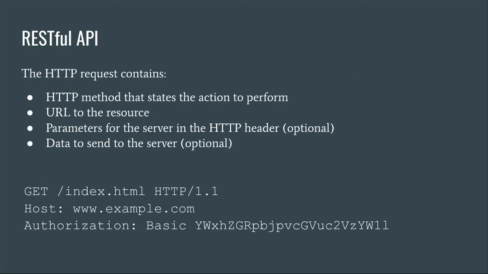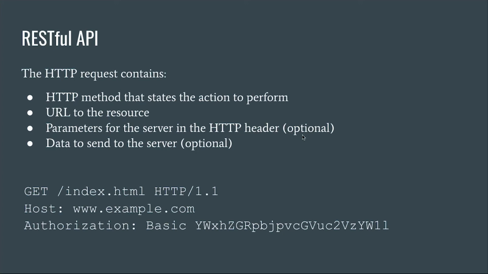So each HTTP request contains a HTTP method. In this case, this is the HTTP method, the GET method, and the URL to query, the URL to the server resource. So in this case, this is the URL, host example.com. Some parameters to the server, HTTP header, and the data itself is optional.